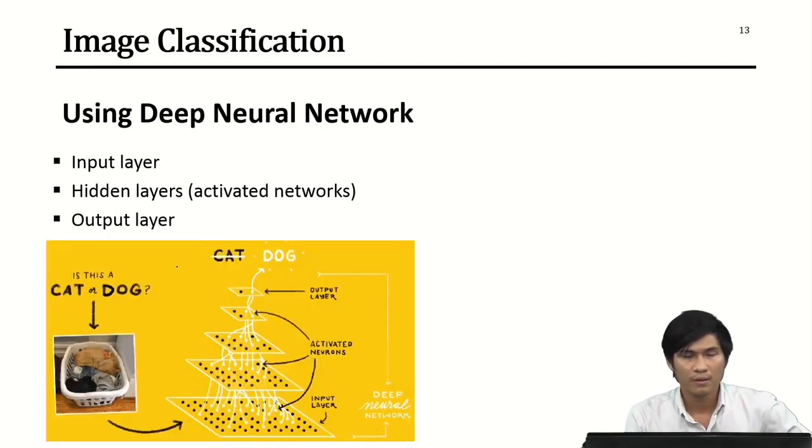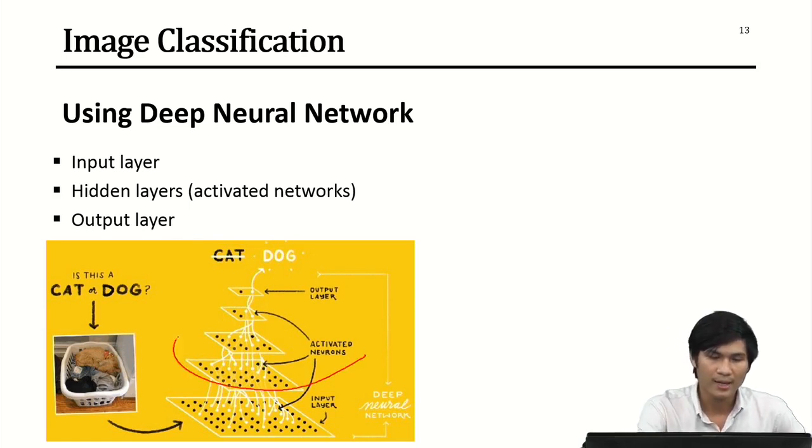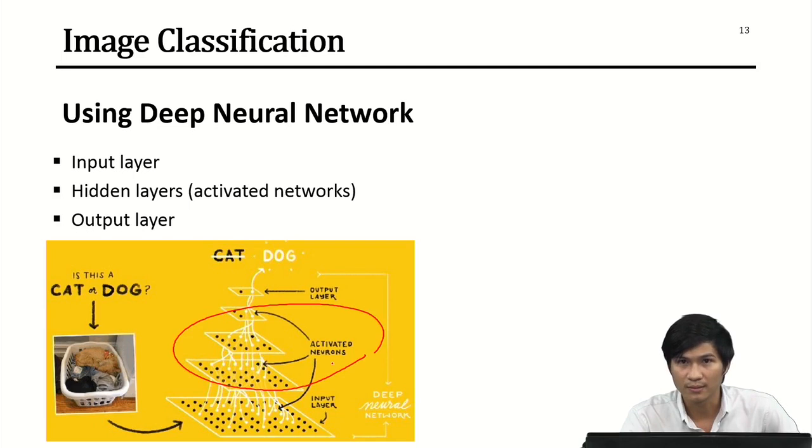So this is the first application in TensorFlow. It is called image classification. It uses deep neural networks. From the deep neural network here, when we have the inputs in the input layer, it requires related hidden layers, or activated neurons.